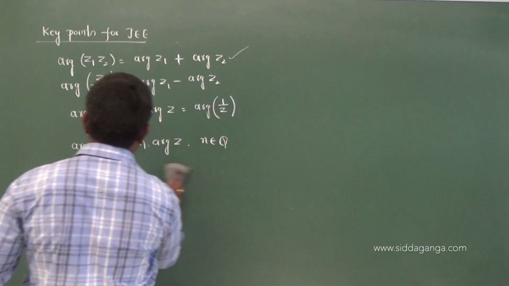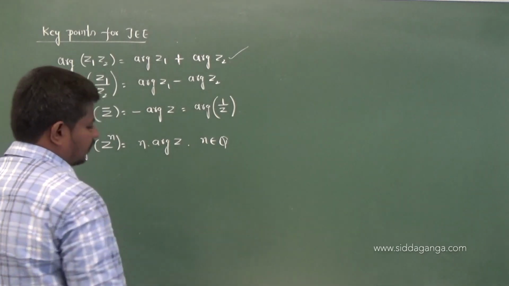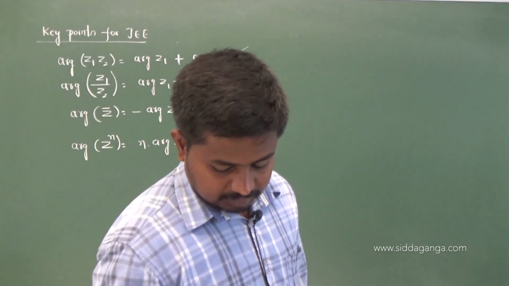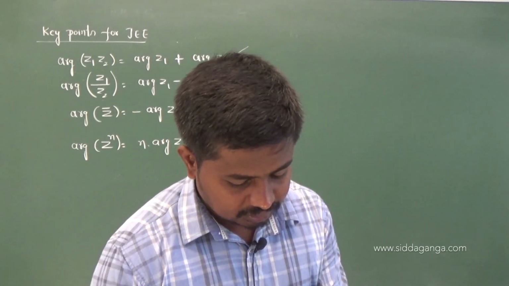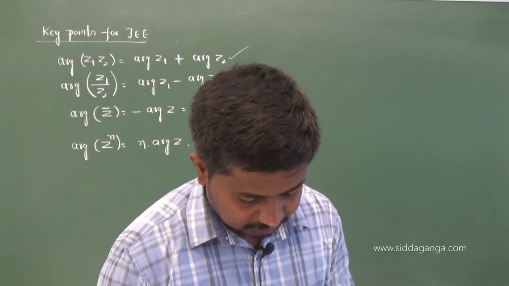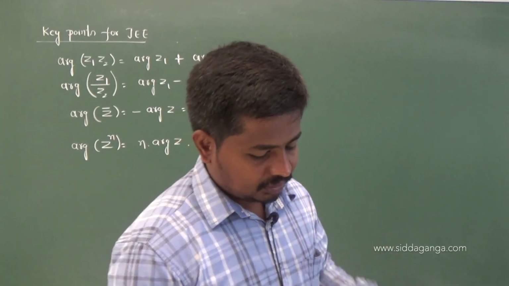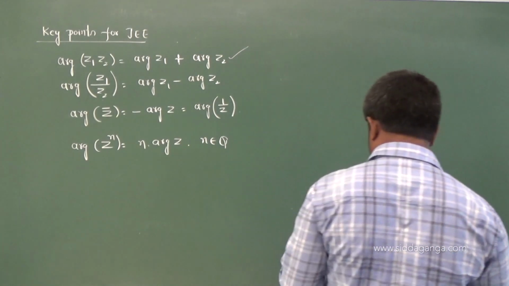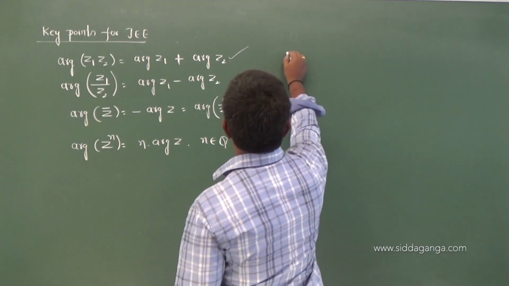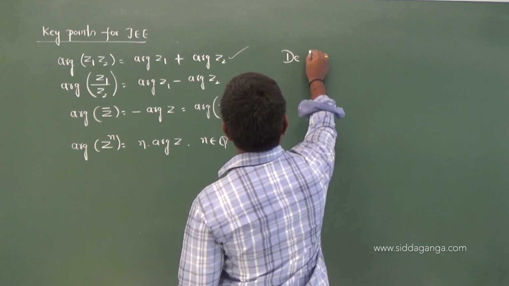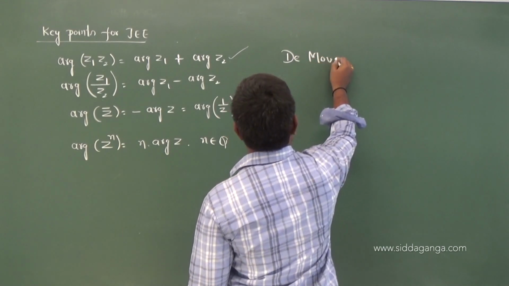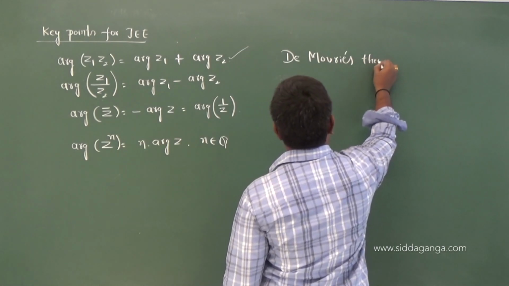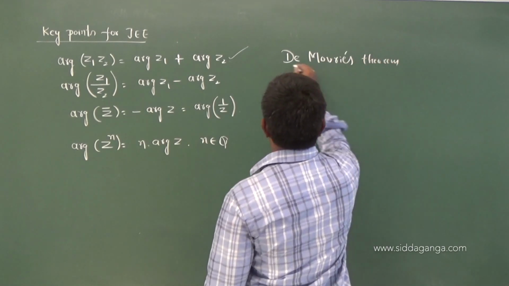Okay. So these are all important properties related to argument of z. So now let's look at some other properties. We call it De Moivre's theorem.